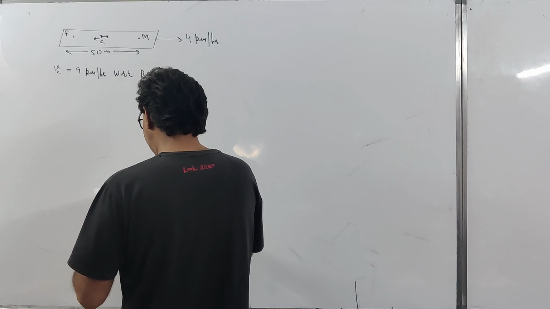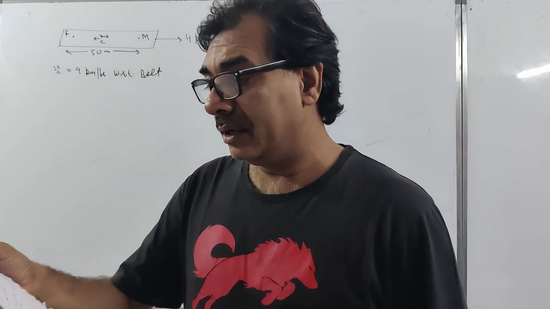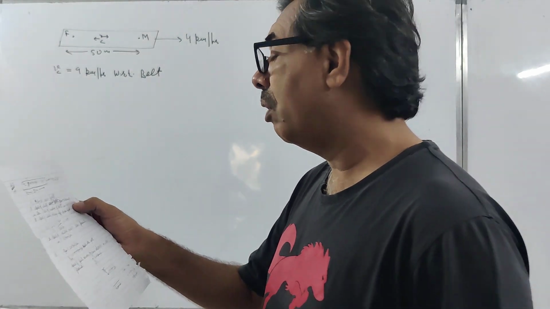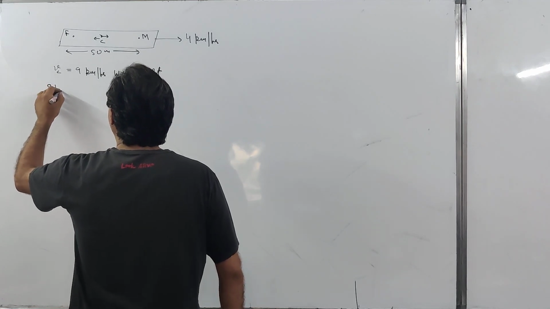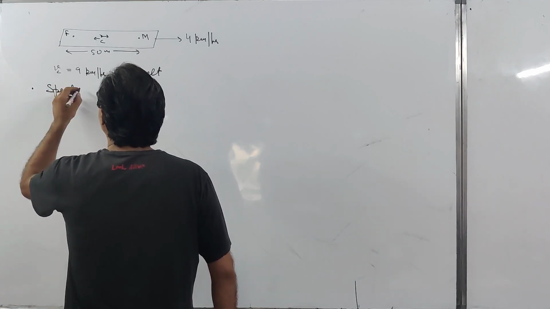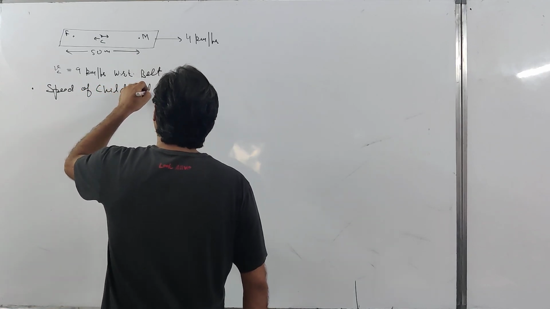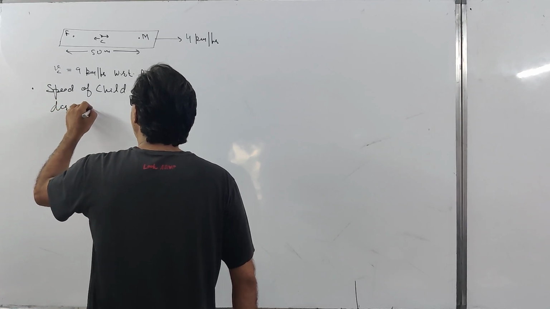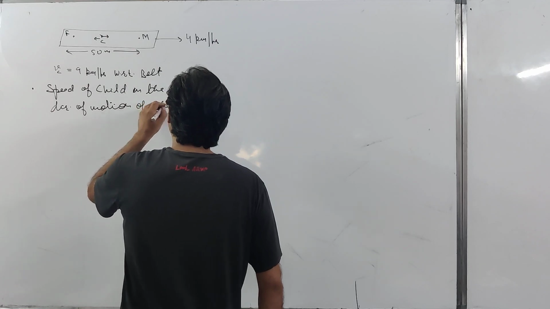Now the question is, what is the speed of the child running in the direction of motion of the belt? Speed of child in the direction of motion of the belt.